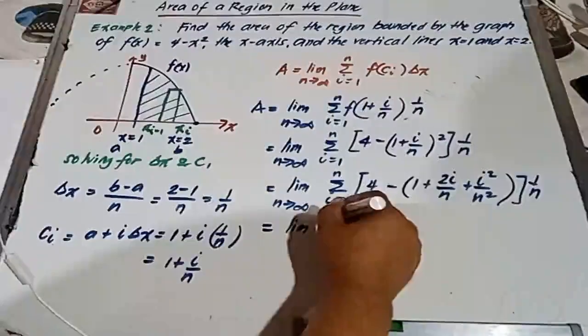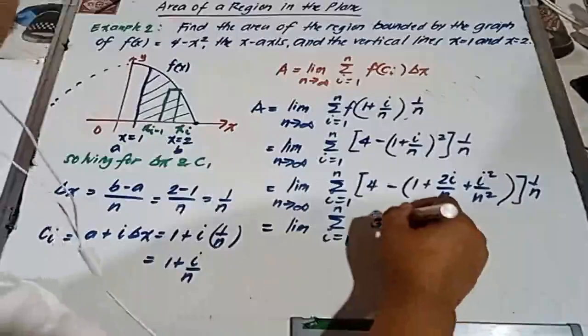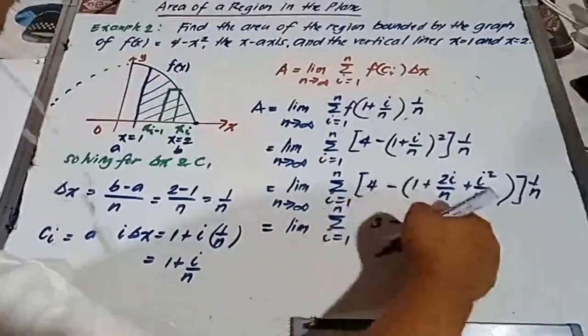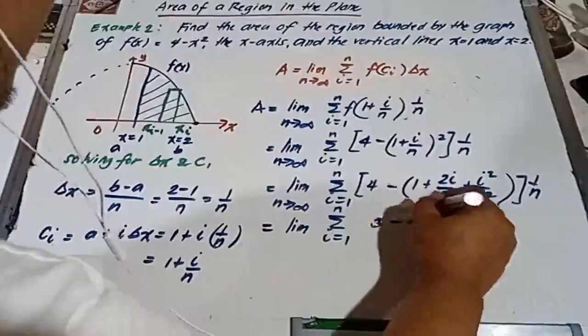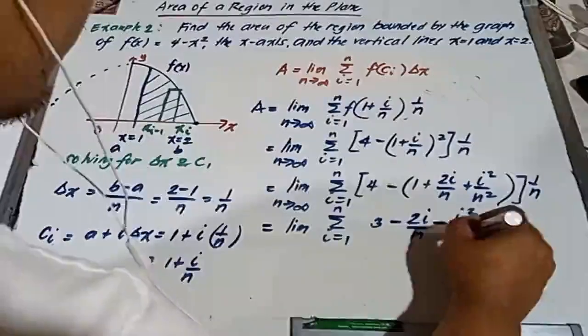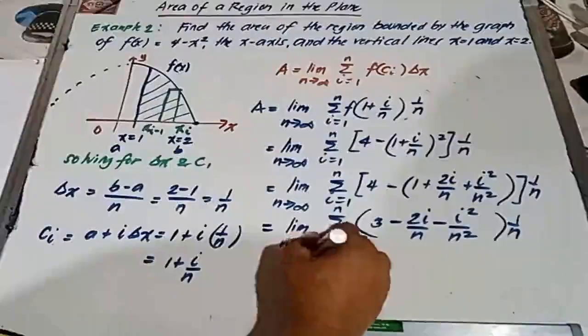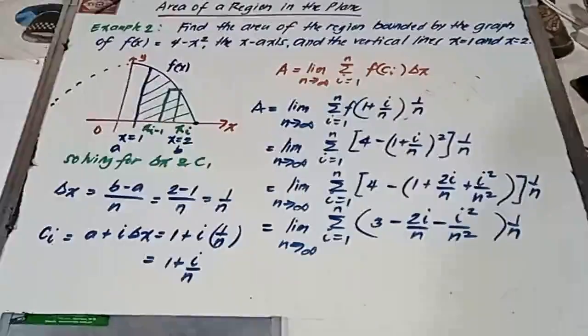Limit summation of i equals 1 to n, 3 minus, distribute, 2i over n minus i squared over n squared, times your 1 over n, n approaches infinity. Next, expand natin.